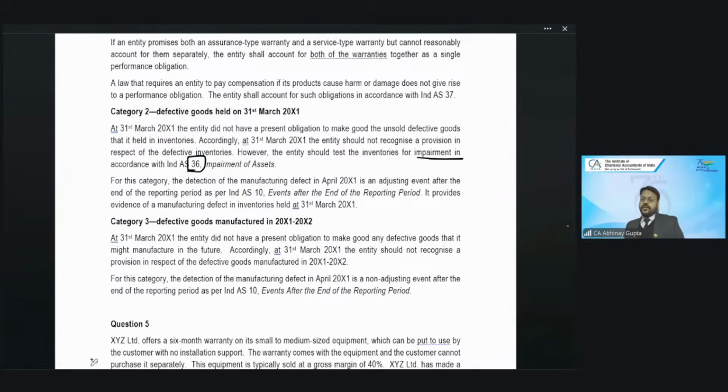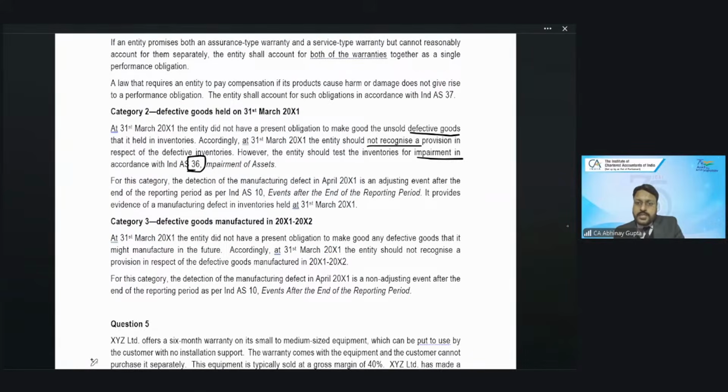So Ind AS 2 governs inventory, right? Yes, sir. But there is Ind AS 36 as well, which requires the impairment of assets, right? Impairment we need to record. So if my inventory is defective, what does the entity need to do?